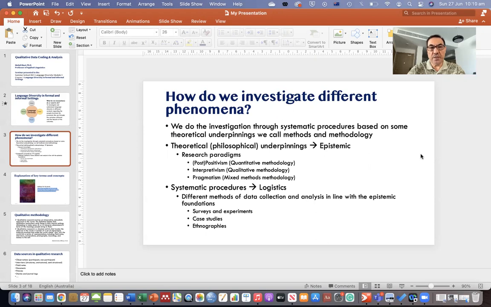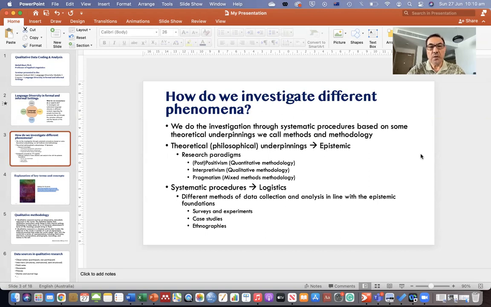So one is positivism or post-positivism. And those who subscribe to positivism or post-positivism usually employ quantitative methodology in order to investigate language phenomena. There is another paradigm which is called interpretivism, and this usually leads to qualitative methodology.